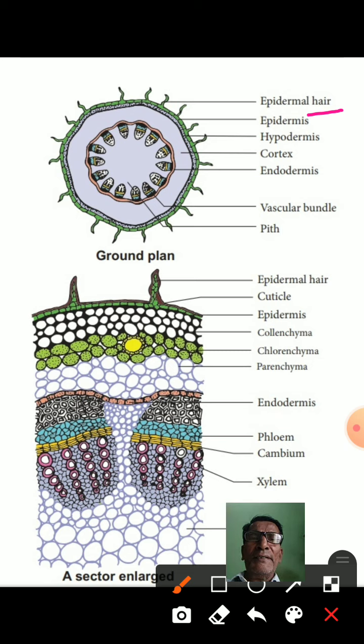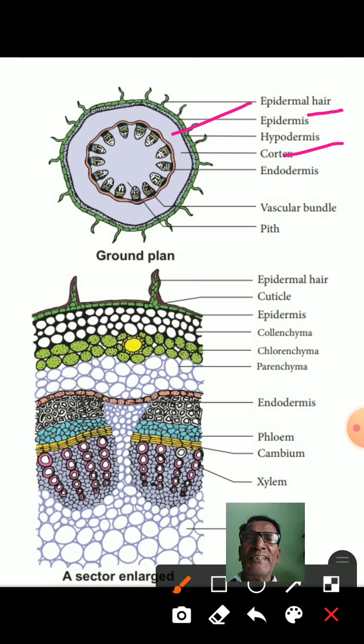Now, below this epidermis, the outermost protective covering, there is a hypodermis. Hypo means lower or below. Below the epidermis, there is hypodermis. Below the hypodermis, there is the third layer called cortex. This blue color is the cortex region.